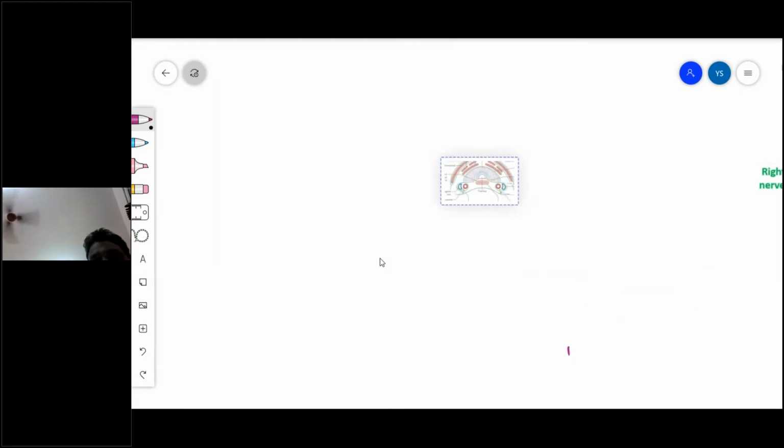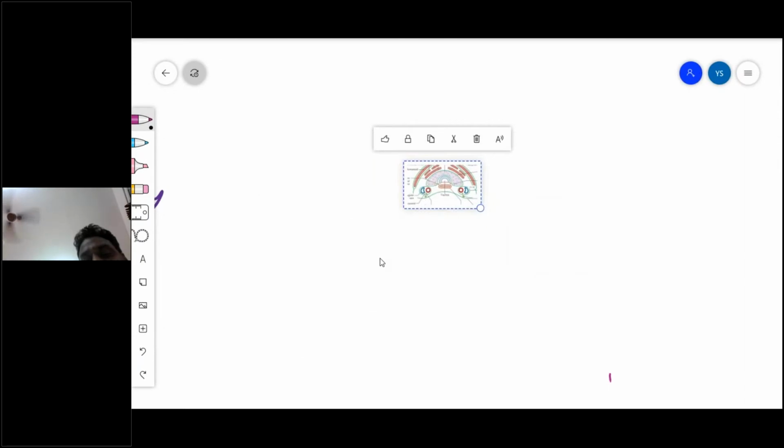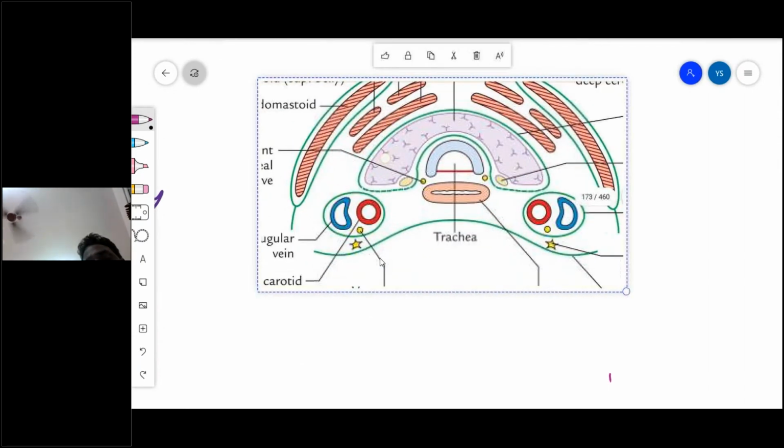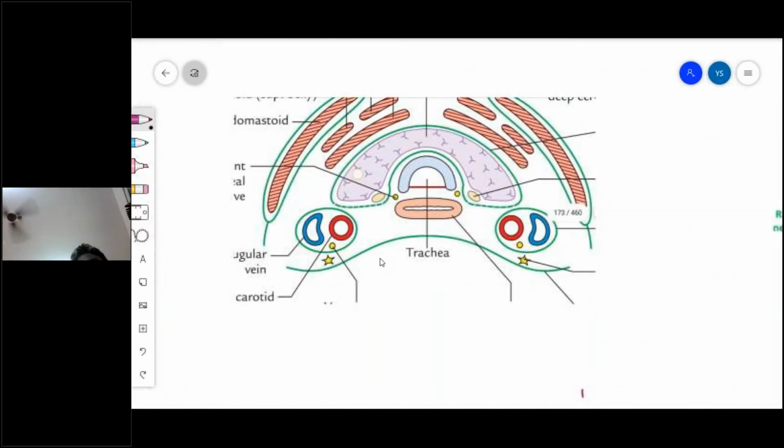So this is the main picture. Based on this picture, you can learn the relations of the thyroid gland for surfaces, and also this picture is used for the deep cervical fascia. In this picture, we can see all the layers of deep cervical fascia and their attachments.